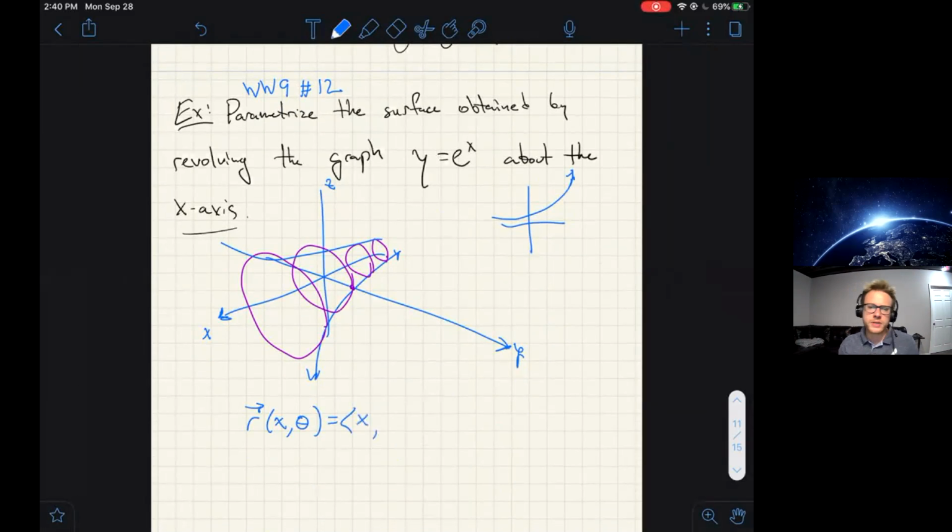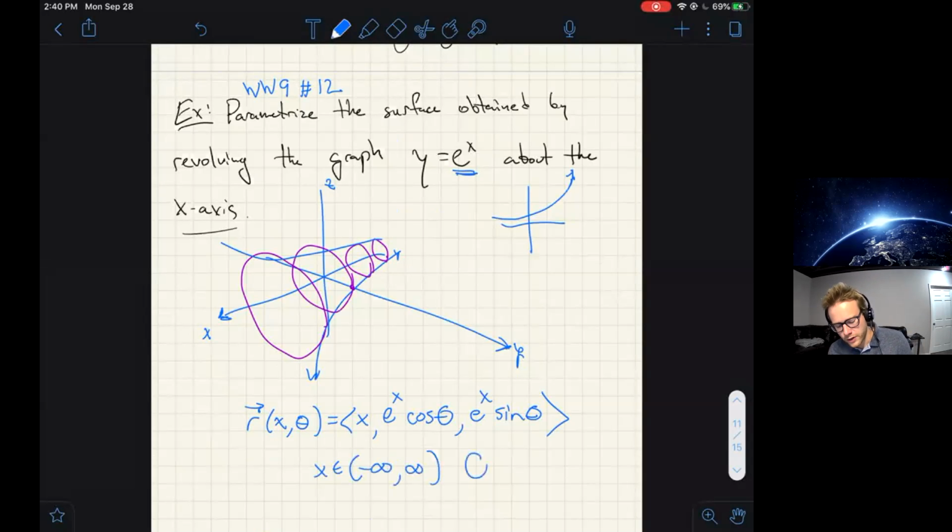Our first value is always going to be just x. Our second one is going to be f of x. So in this case, our f of x is e to the x times cosine of theta, and then we have e to the x times sine theta. Here, there are no restrictions on x. However, you get all of your theta information, right?